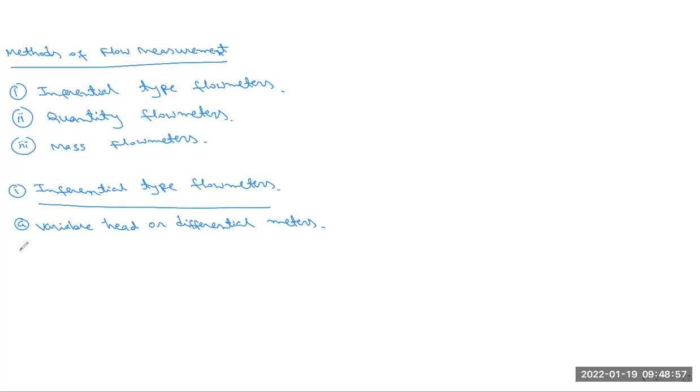Number two, variable area meters. Number three, C, magnetic meters. Number D, turbine meters.